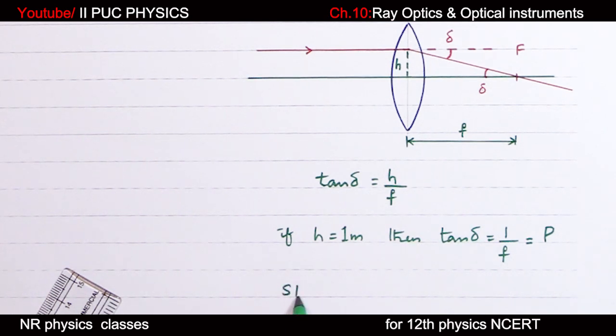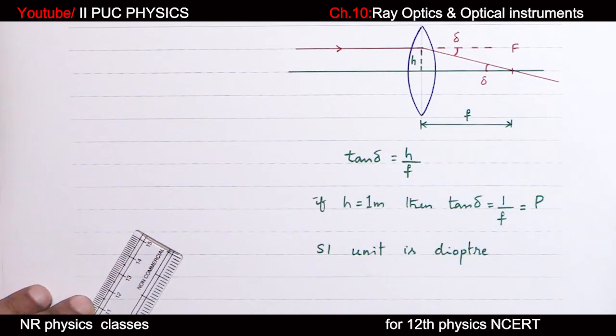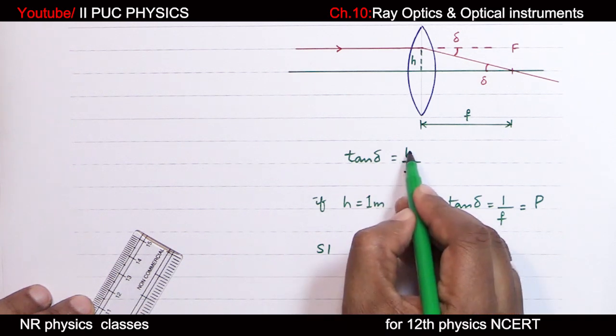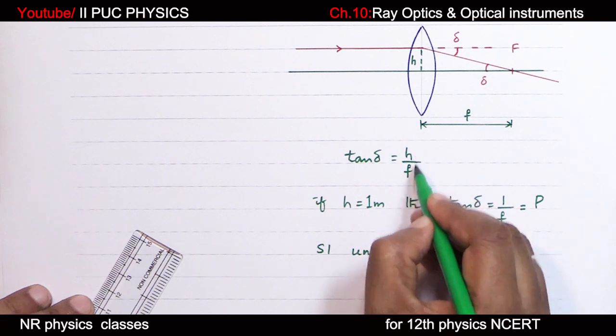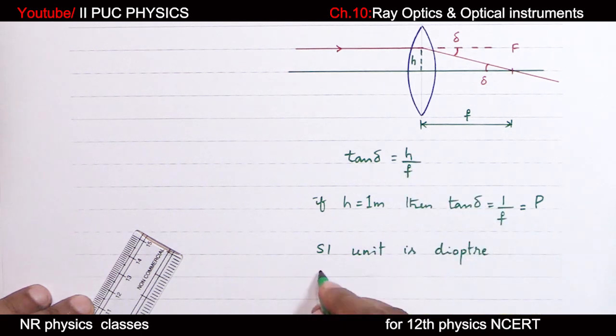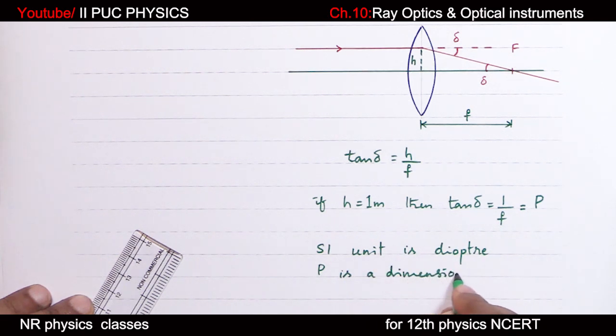So the SI unit is diopter. This diopter is dimensionless. As you can see, it is h by f. H is in meter, f is in meter, which means it is a dimensionless quantity.